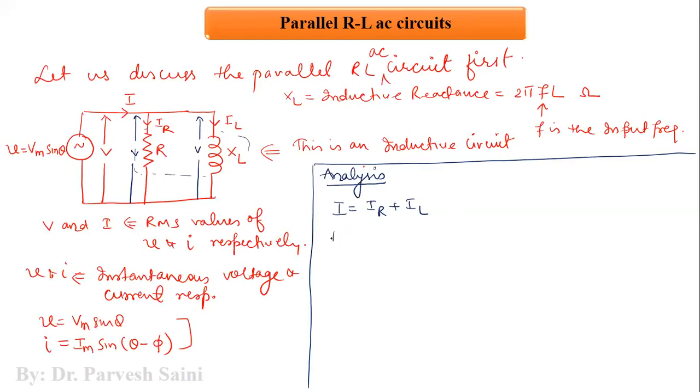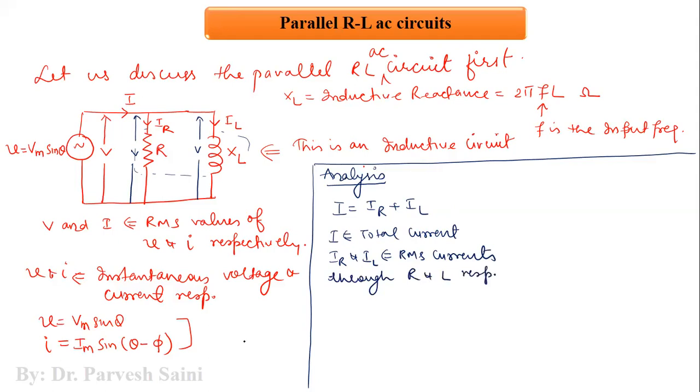Now, I is the total current, and IR and IL are the RMS currents through R and L respectively. So I is given by, because it is total current, V by Z. IR is equal to V by R, and IL is equal to V by JXL.